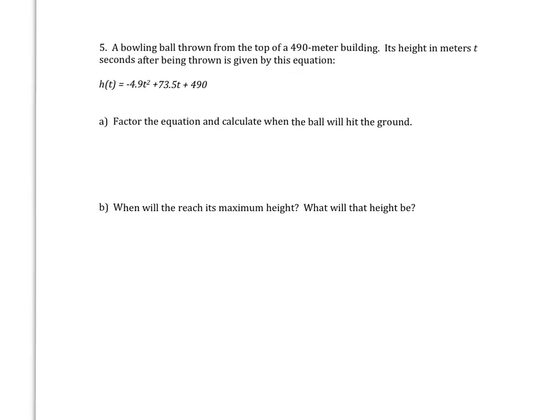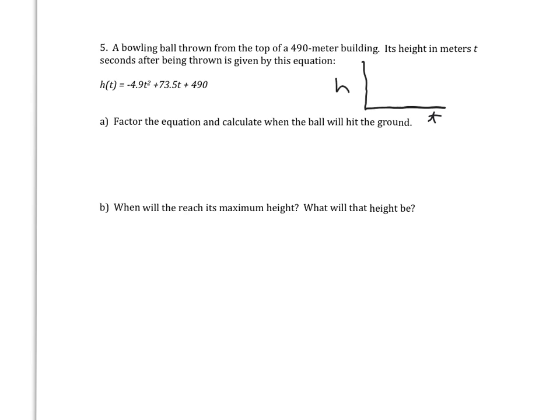Okay, so here you're going to set up this, so let's take a look at what we have here. We're saying that this bowling ball is thrown from the top of a 490-meter building, and let's say we were graphing this and we had time down here and we had the height here.